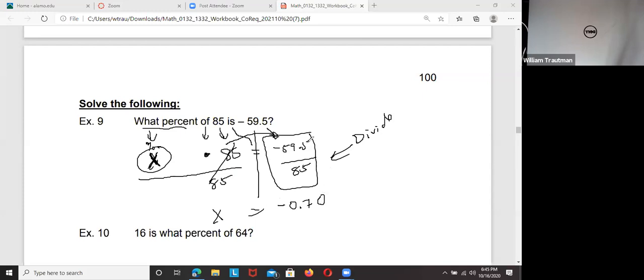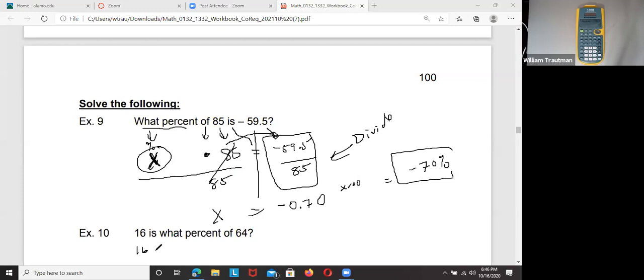Really, your calculator says 0.7, but we take it to 2 decimal places. Do you see, when you divide 2 numbers, you get the decimal equivalent. So I need to change it to a percentage. To change it to a percentage, you multiply it by 100. Now it's negative 70%. When you divide 2 numbers on your calculator, you get a decimal equivalent. To change it to a percent, you multiply it by 100.